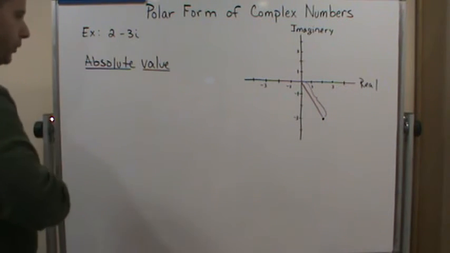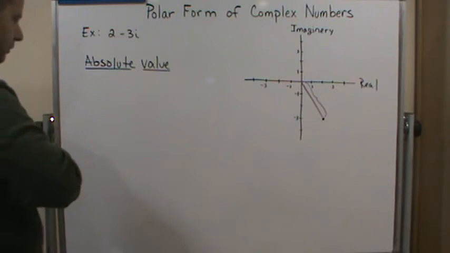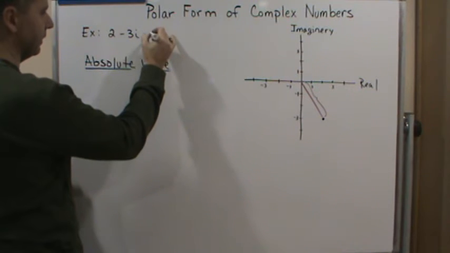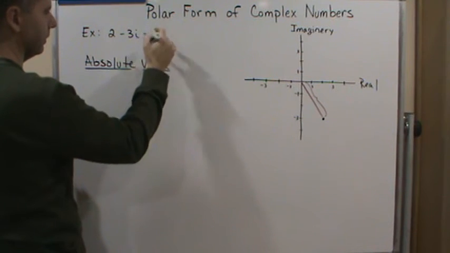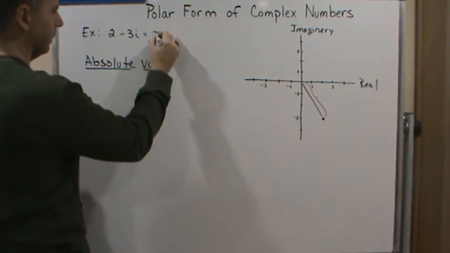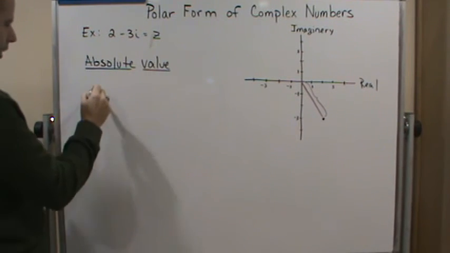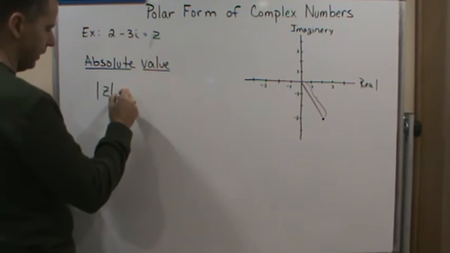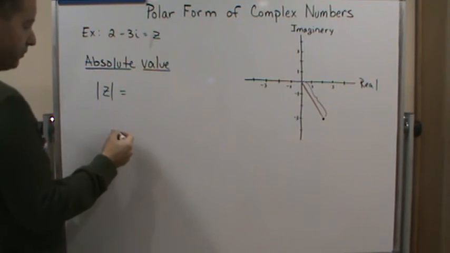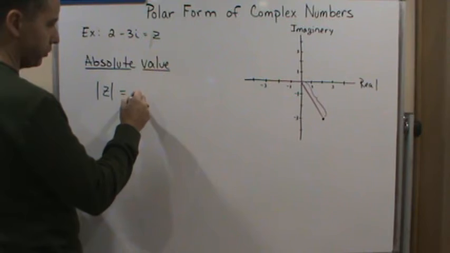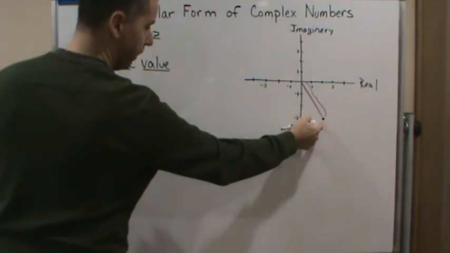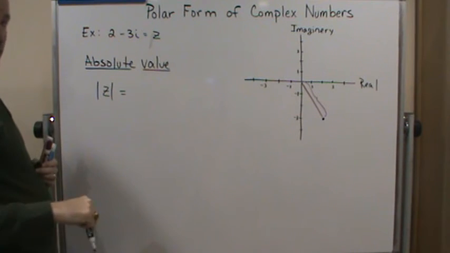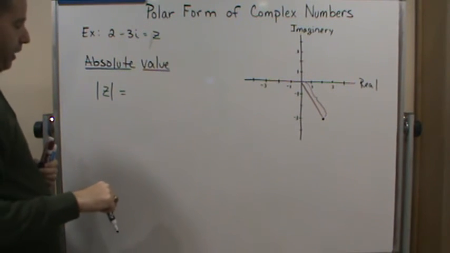So what does this mean? If I have a complex number equal to z, then the absolute value, or what we call the magnitude of z, is nothing other than the distance formula. It's going to be the distance of which parts? It's going to be the real part and the coefficient on the imaginary part.